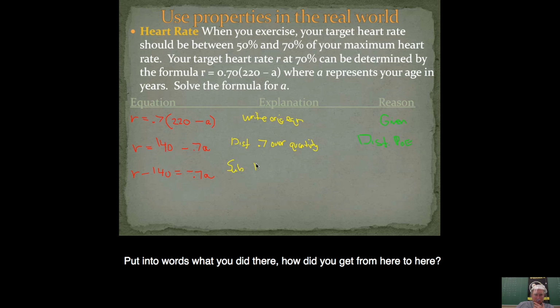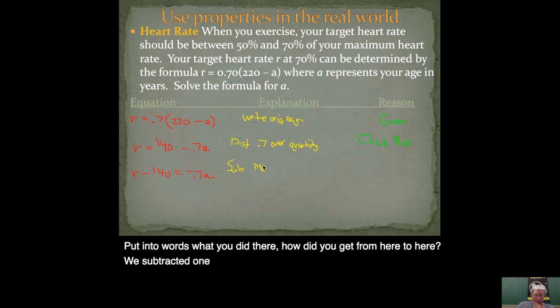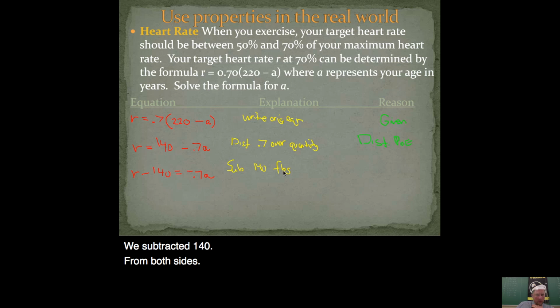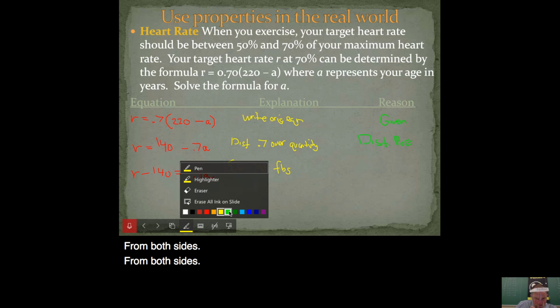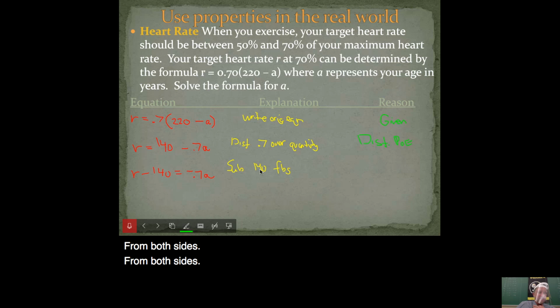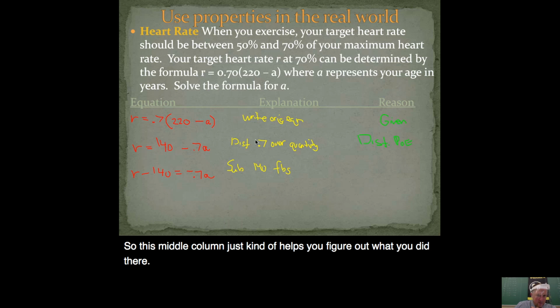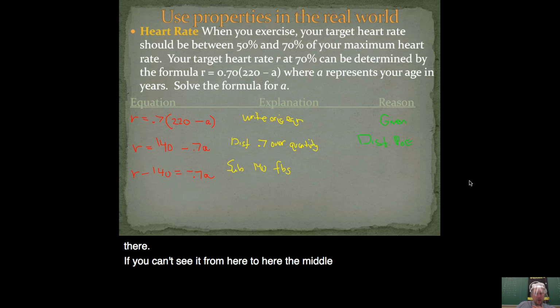We subtracted 140 from both sides. So this middle column just kind of helps you figure out what you did there. If you can't see it from here to here, the middle column helps. That's your subtraction property of equality.